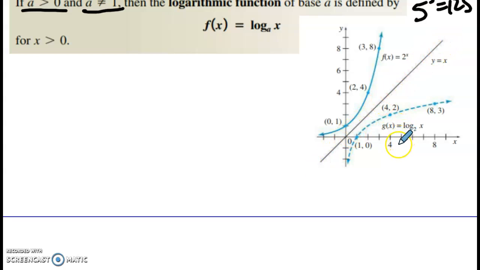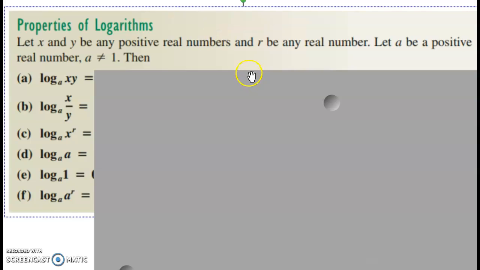I don't know if you remember, but inverse functions are always reflected across the line y equals x. This is what the graph looks like of a natural log. Instead of having a horizontal asymptote of 0, it has a vertical asymptote of 0. Instead of going through 0, 1, it goes through 1, 0. Okay? So anyway, just a quick picture of that for completeness.